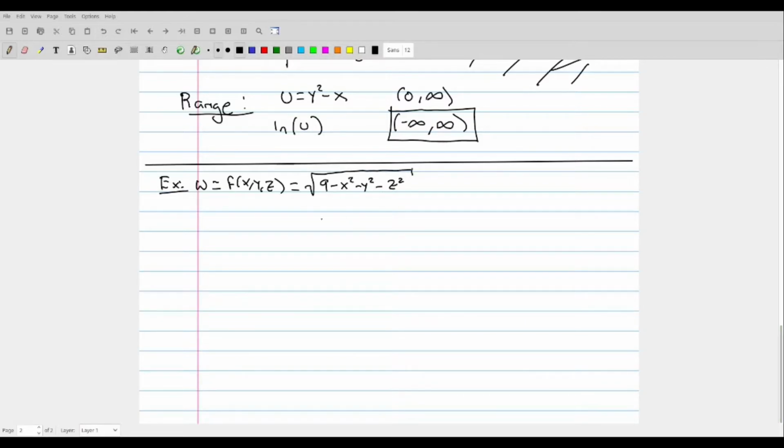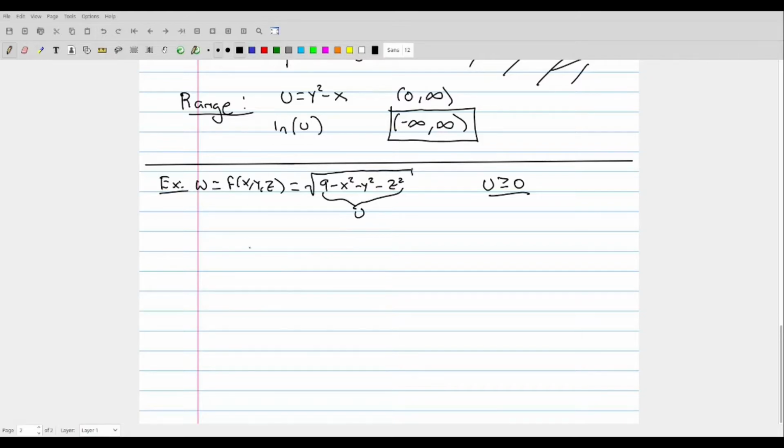The first thing we see is that this entire term, 9 minus x squared minus y squared minus z squared, always has to be greater than or equal to 0, because we're taking the square root of this term. So u has to be greater than or equal to 0. Otherwise, you won't be able to take the square root.